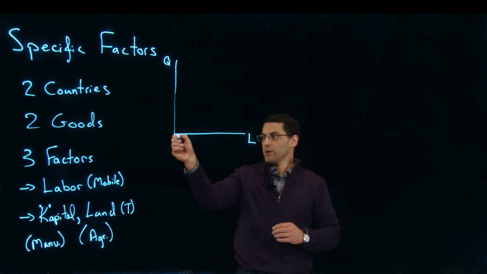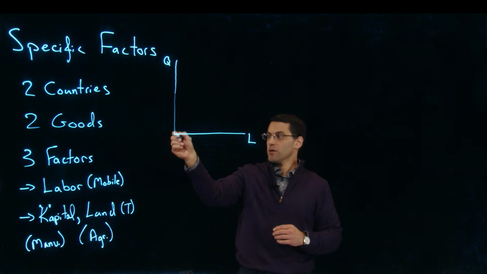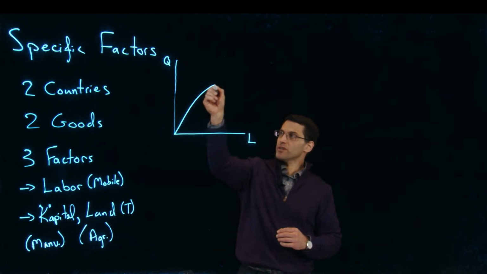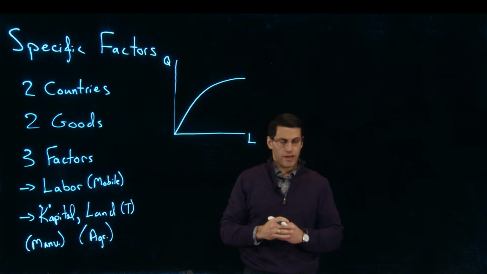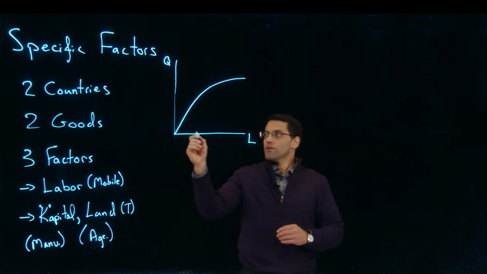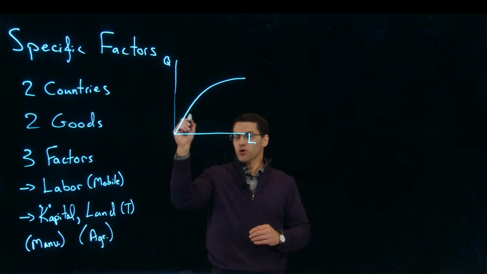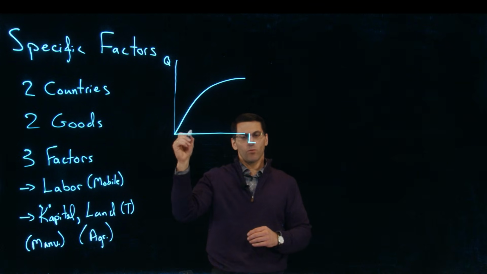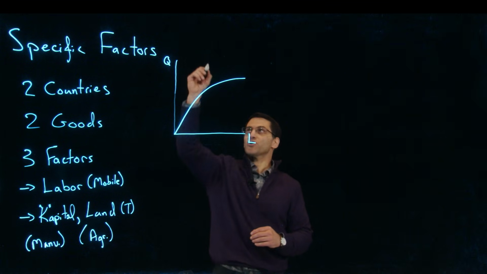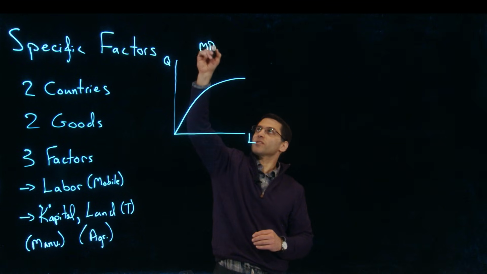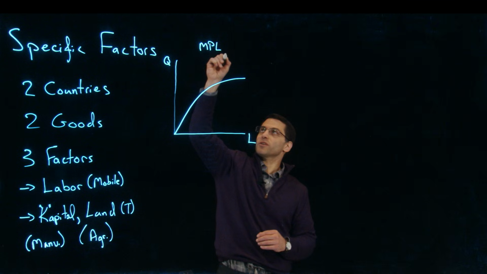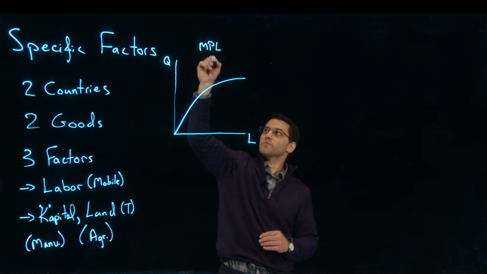We think of output as increasing, but at a decreasing rate. Right? So something like that. Why is that important? Well, if you think about the marginal productivity of labor, what is that? Well, the marginal productivity of labor is, in this graph, simply the slope.